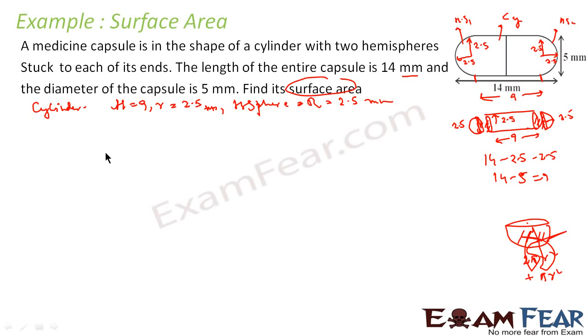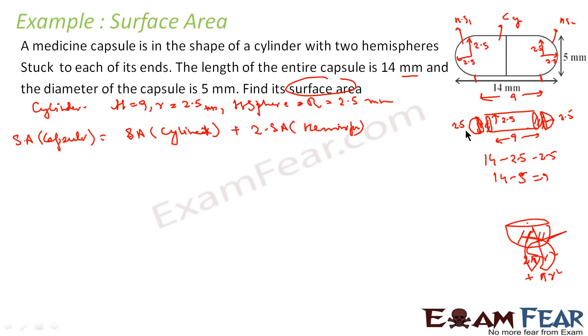So we'll say that the surface area of the capsule is equal to the surface area of the cylinder plus 2 into the surface area of a hemisphere. Why did I do 2 into? Because there are two hemispheres and both are equal.